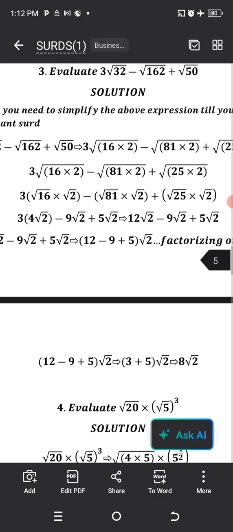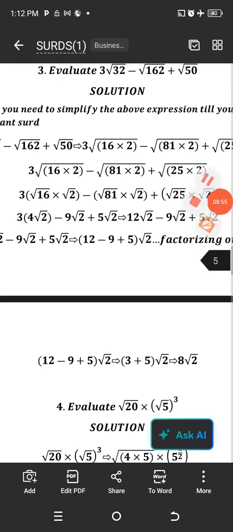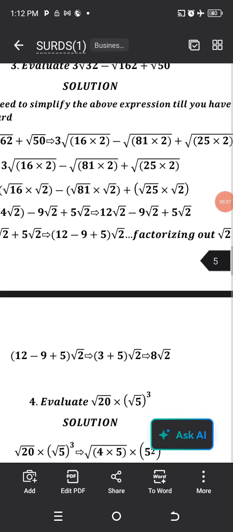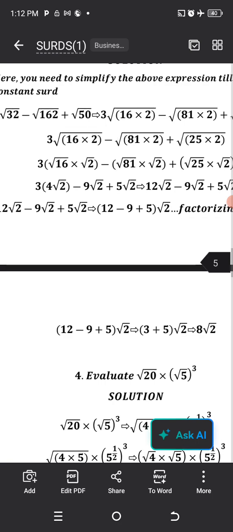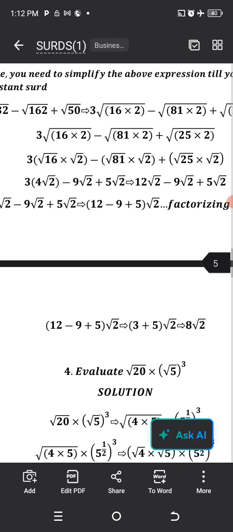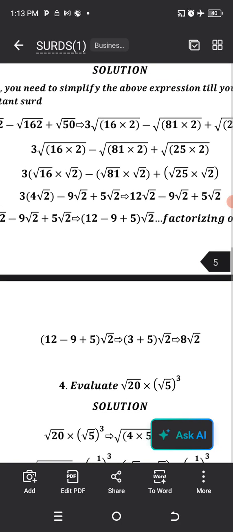So now looking at this, we express the question given to us as a new expression: 3 square root of 16 times 2, minus square root of 81 times 2, plus square root of 25 times 2. So you can explain further by splitting what is inside the square root. Recall I explained in the previous video when you are dealing with simple surd expressions. So we now have 3 inside parentheses square root of 16 multiplied by square root of 2.